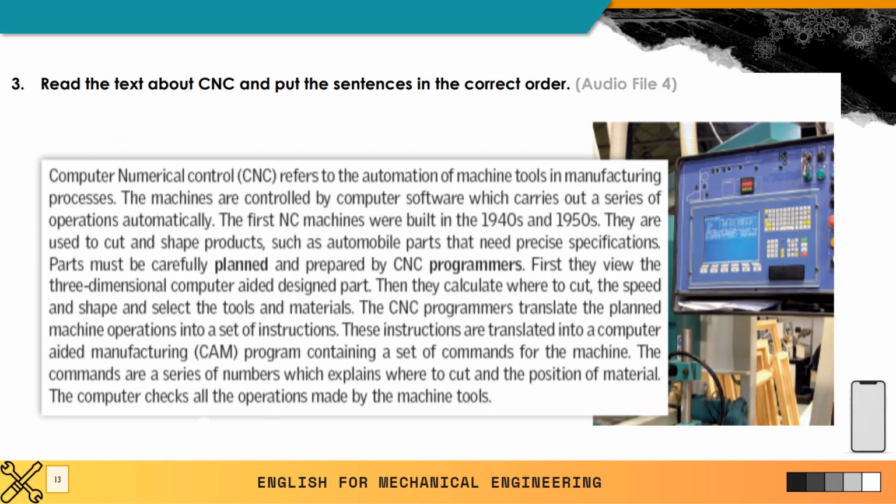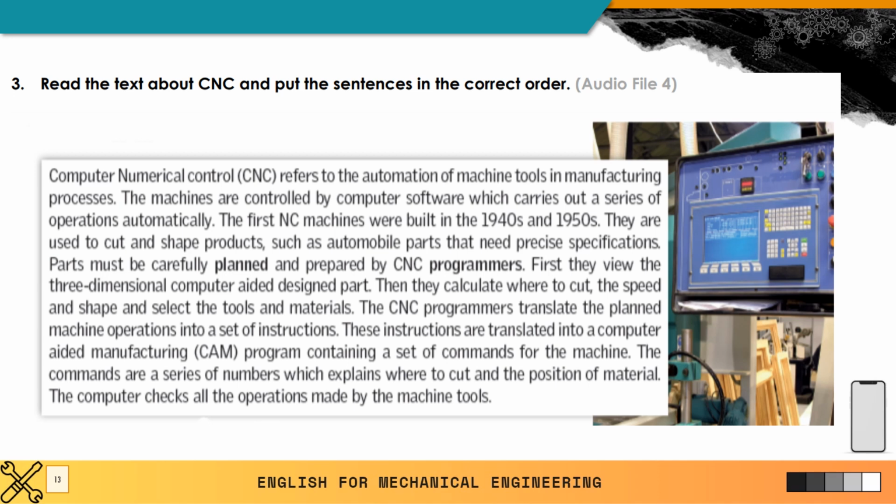All right, moving on to our next text right here. We will have to put sequences or sentences in the correct order. So this was a listening task in the class. Computer numerical control, CNC, refers to the automation of machine tools in manufacturing processes. The machines are controlled by computer software which carries out a series of operations automatically.